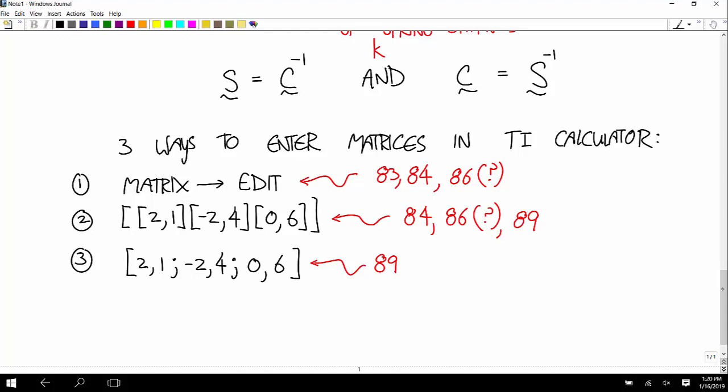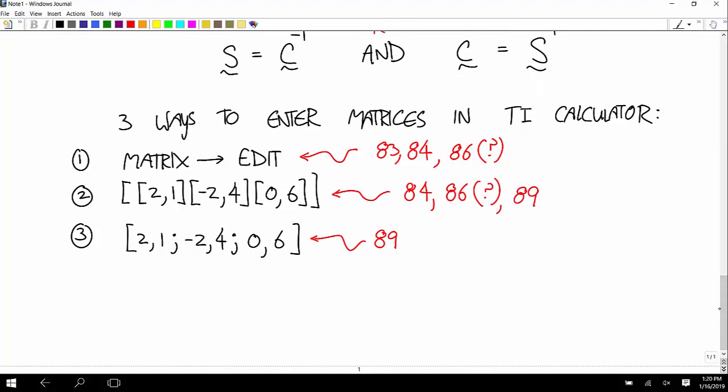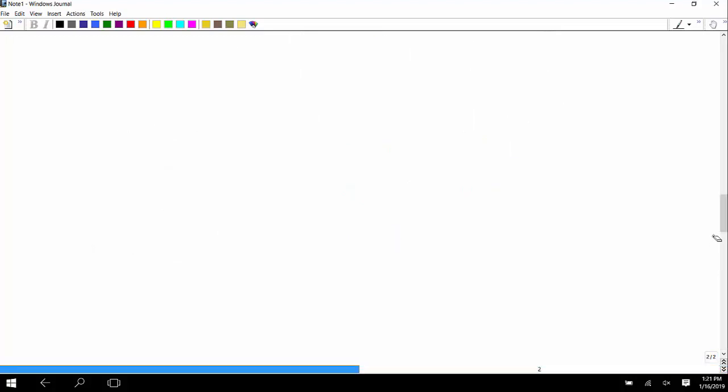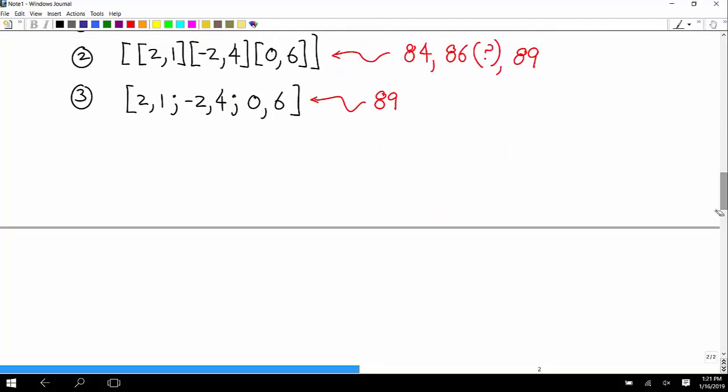Okay, so now I want to talk about a couple properties of matrices, some different types of matrices that we'll see, and then how to do matrix multiplication, multiplying 2 different matrices. The first thing is transpose.